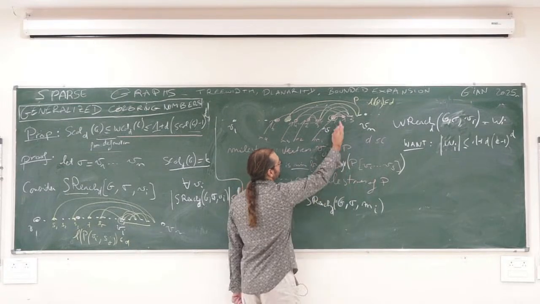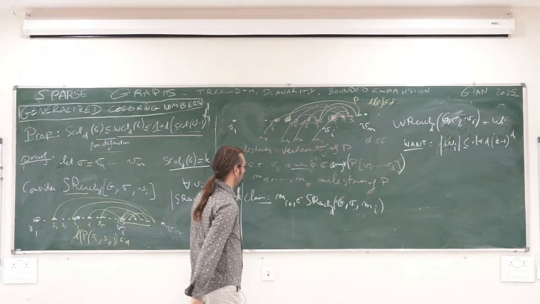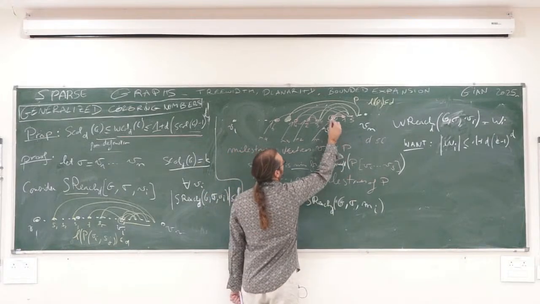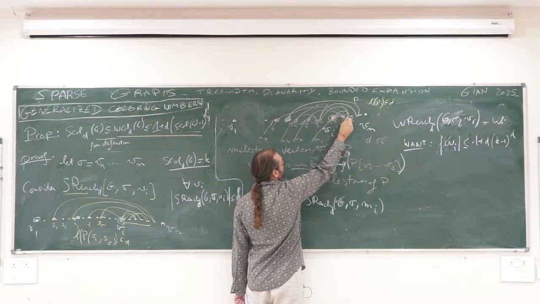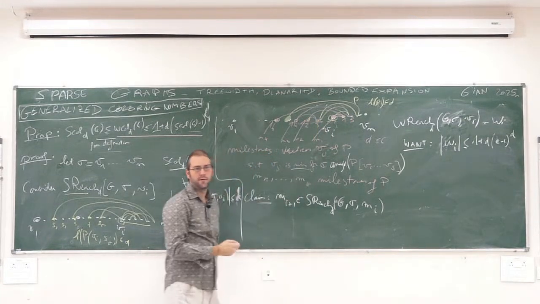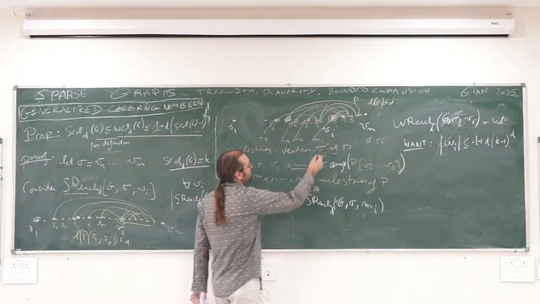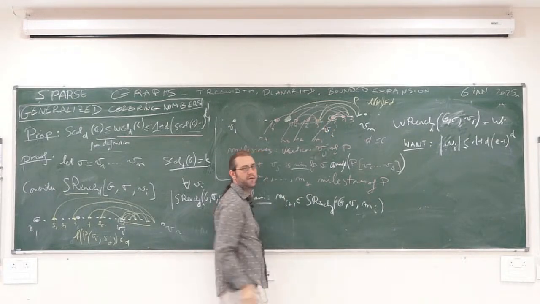So of course all these guys here are never milestones, because this is minimum. That's good, because they cannot be in the strong reachability set. So you see that the next milestone is in the strong reachability. Why? Because I'm going to the right, and since he is minimum for the things I have seen so far, and he was also minimum previously, that means there is nothing in between, basically.